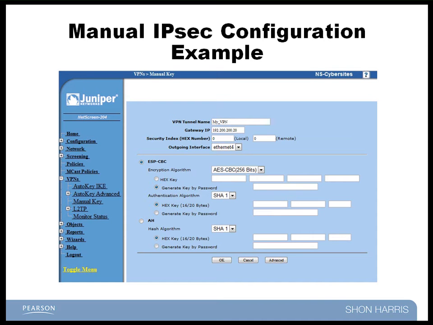Note the key can be either entered manually or generated using a passphrase. The VPN peer must be configured identically. Hence, the key and/or the passphrase will have to be communicated in an out-of-band method to the VPN peer. This, of course, increases the risk of compromise and creates a long-term scalability issue.